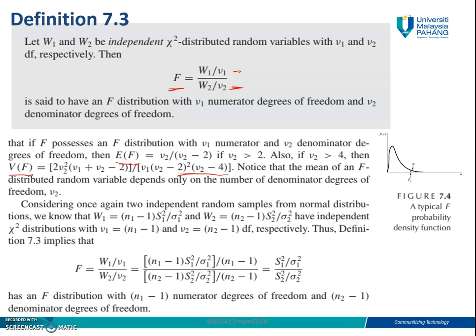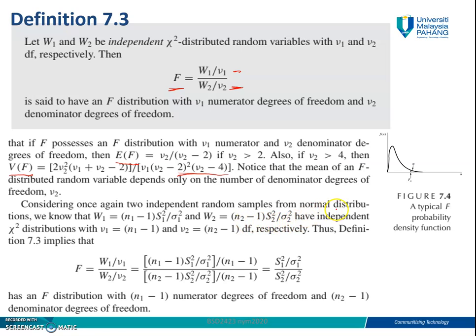Once again, you consider two independent random samples from normal distributions, which is related to the previous video in this chapter. We know that W1 is n1 minus 1 times s1 square divided by sigma 1 square, and W2 is the same for n2, s2 and sigma 2.